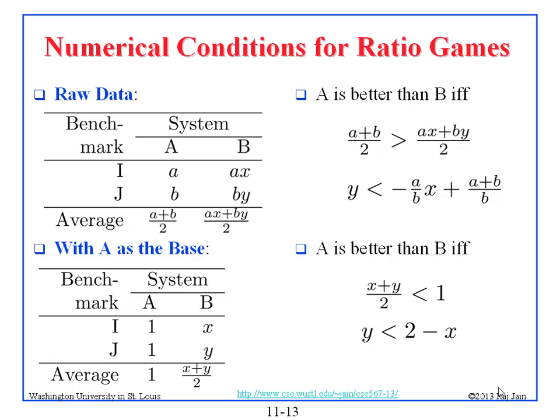If you do the average, your average will come out as (A plus B) by 2. The other average will come out as (AX plus BY) by 2. And with A as the base, it will be 1 and (X plus Y) by 2. And the next slide probably has B as the base. So you can figure out all these ratios, and then you will see what the conclusions are.